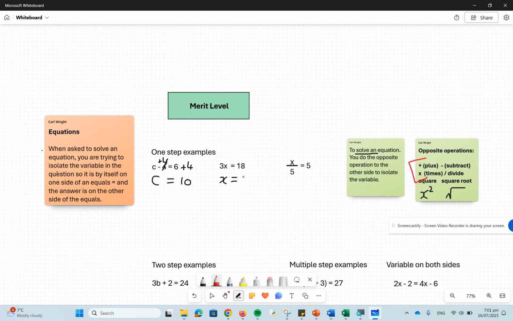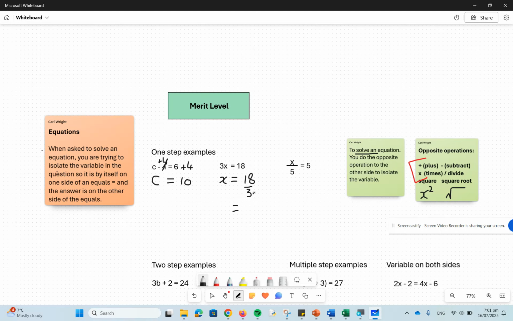Divide. So I'm going to go 18 divided by 3. So I've done the opposite on the other side, because remember what's happened here? It's gone 3 divided by 3 equals 1. So that's how we cancel it out. So now, instead of 3 times on this side, we've got 18 divided by 3 on this side, the opposite, divide.